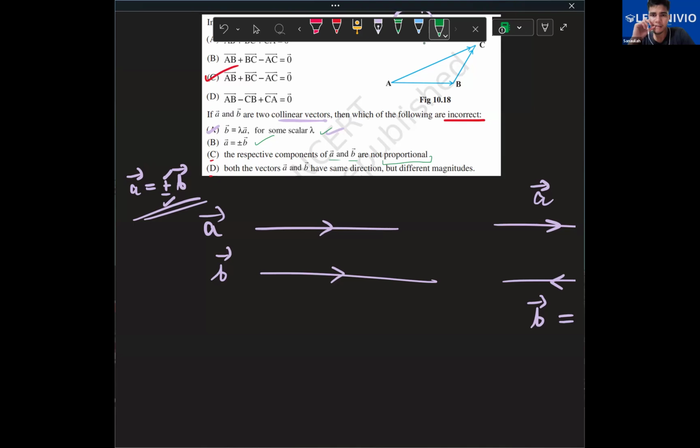The ratio will not be the same. It will increase and decrease in different numbers, but in collinear, they will increase together. That means they are proportional, yes, right, sir? Okay.